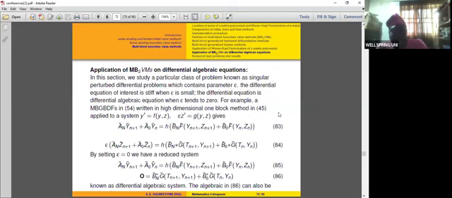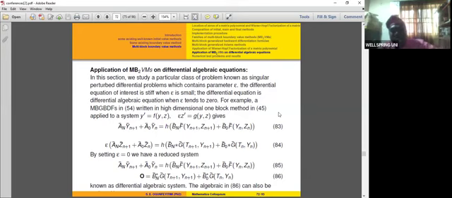We have, for example, a multi-block generalized BDF in 54 written in high dimension as given in equation 45. We now apply it on a differential algebraic equation, which is y prime, and we have epsilon of z prime given in equation 83 and 84. When we set the epsilon to 0, it will reduce the system to 85 and 86.